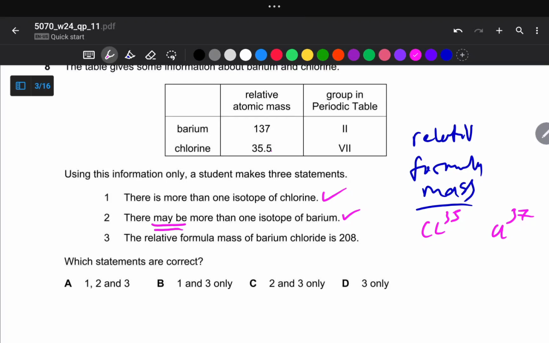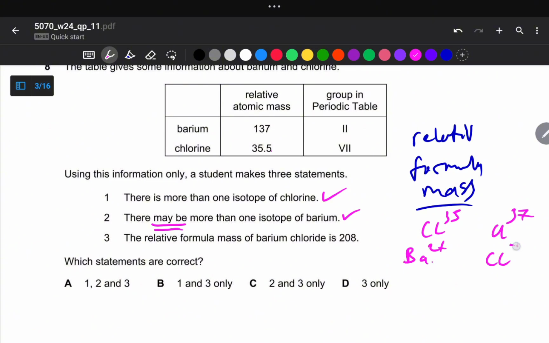So statement number 3 says the relative formula mass of barium chloride is equal to 208. Here you simply add the relative atomic masses. For barium chloride, you need to know the formula. So barium 2 plus, and then chlorine 1 minus. So you exchange the coefficients here.